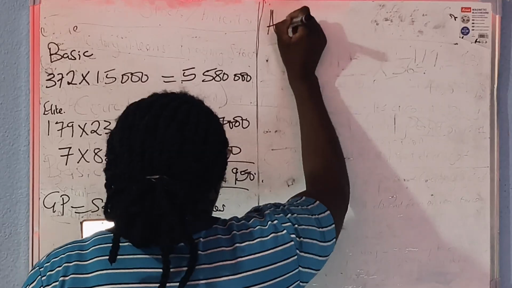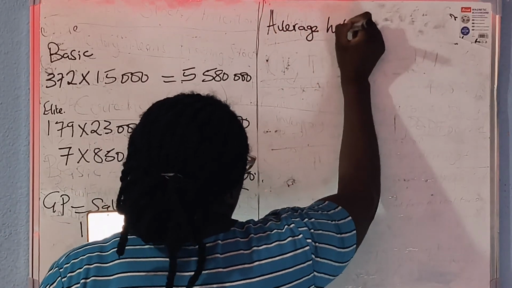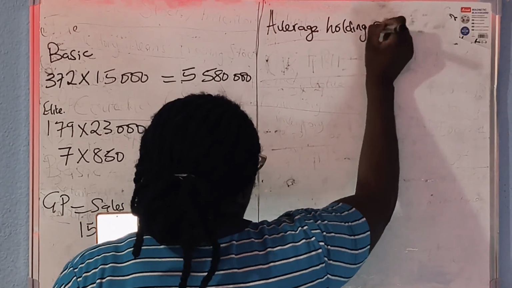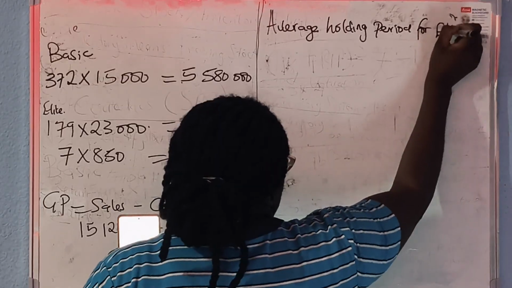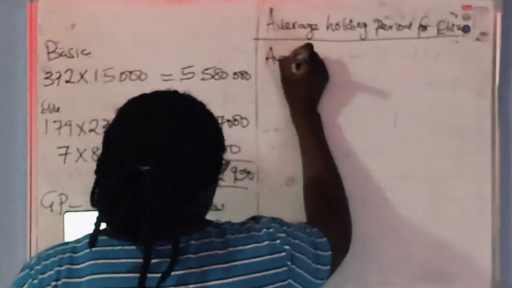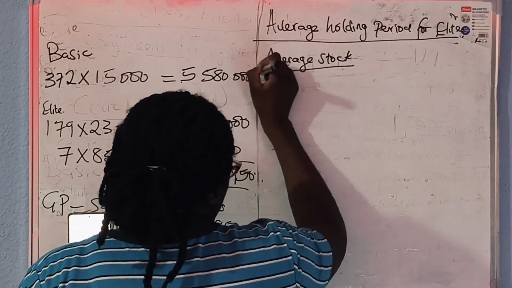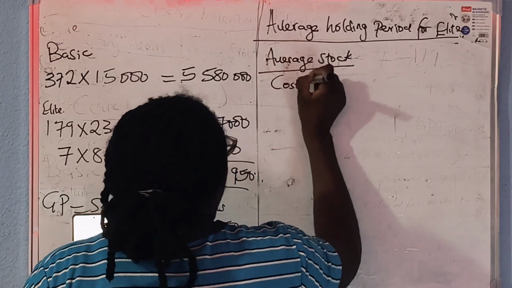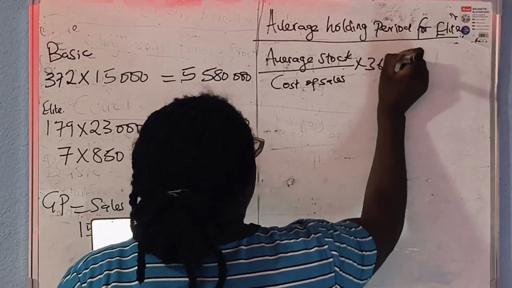So, average stock holding period for Elite. We say average stock over cost of sales times 365 days.